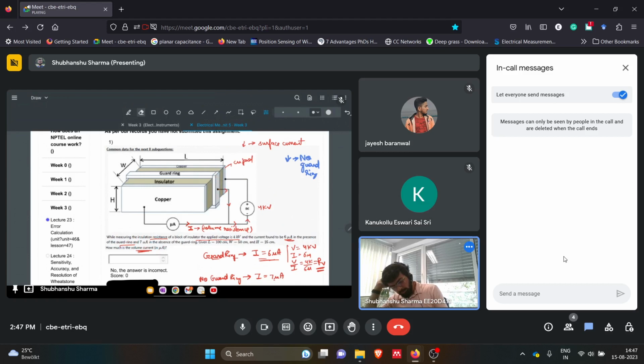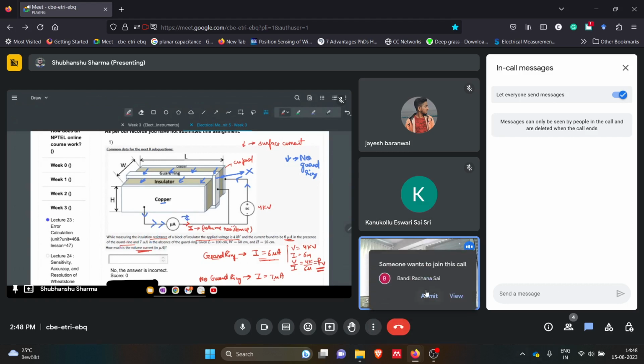Now in case of no guarding, the current goes from here and enters into this. The volume current will be there in this case also, but now the surface current will pass like this, and since there is no guard ring here, it will be received by this copper pad, and then this current will be here. So this will have two currents, this plus this, and this one.